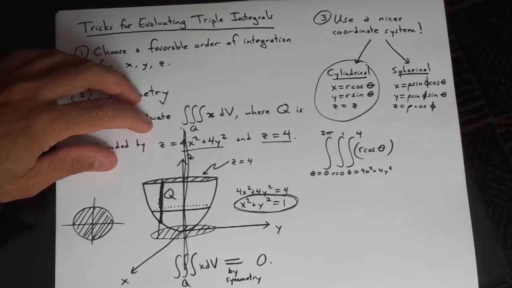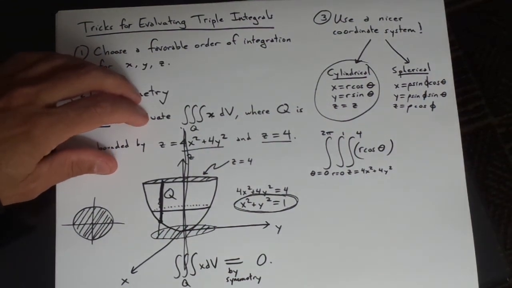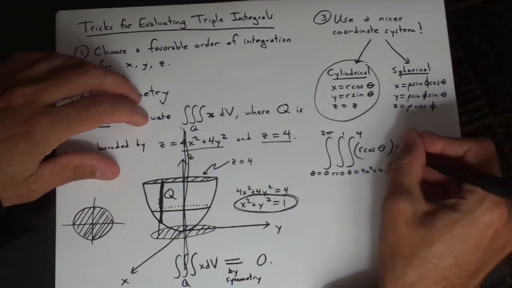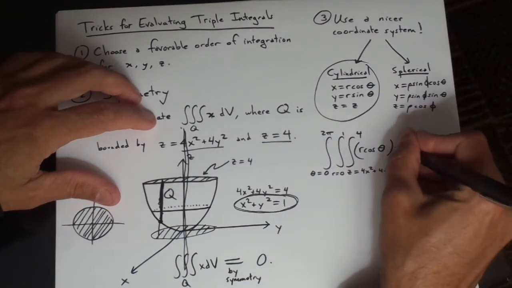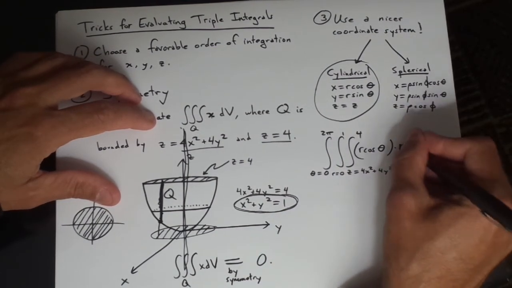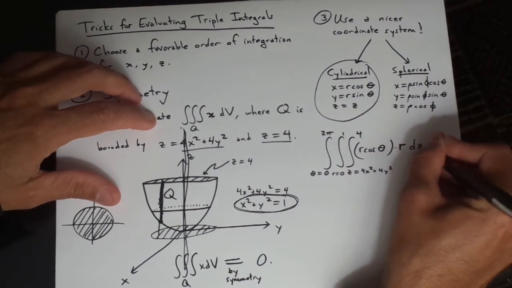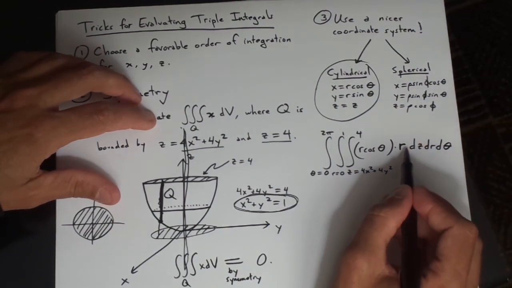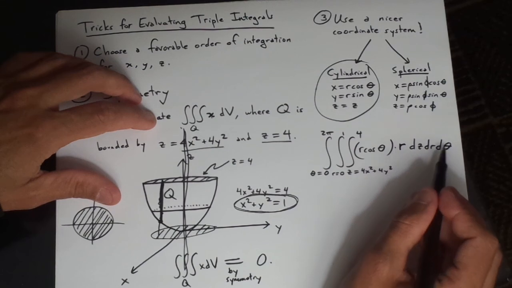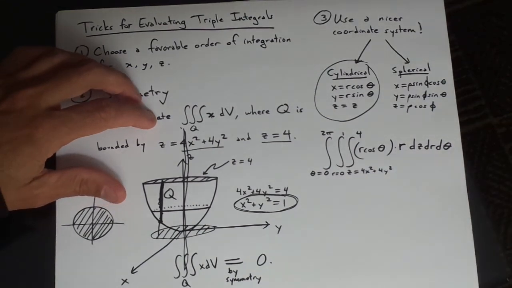And now I'm wondering if you guys remember that when you do this conversion to polar coordinates, or in this case cylindrical coordinates, there is a price you have to pay for doing that. And it's called the Jacobian. Sometimes it's this r dr d theta, but don't forget there's also a dz this time. Okay, so it's r dz dr d theta. All right, so that's how that would work.